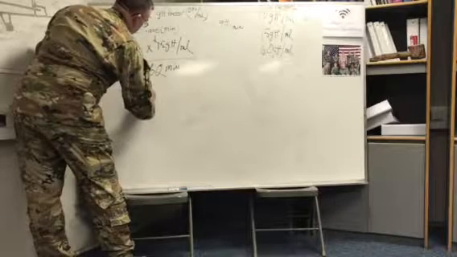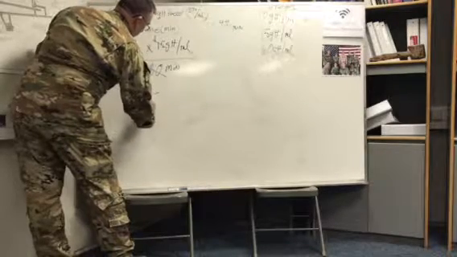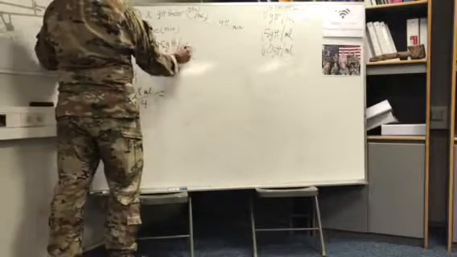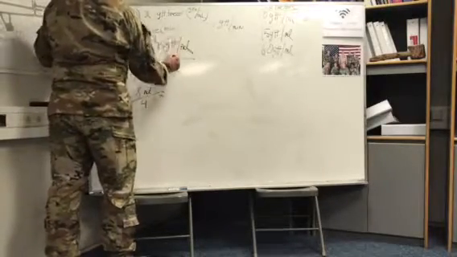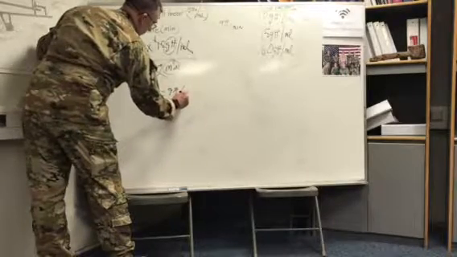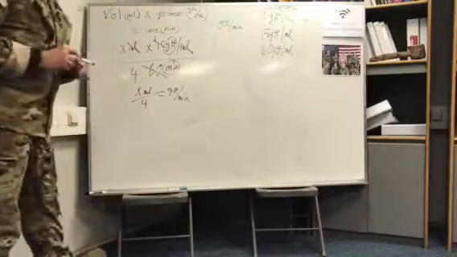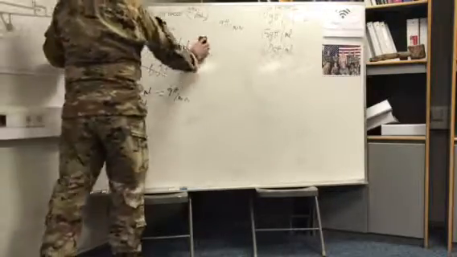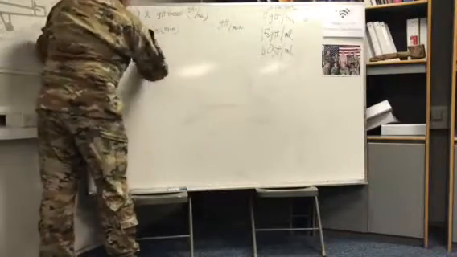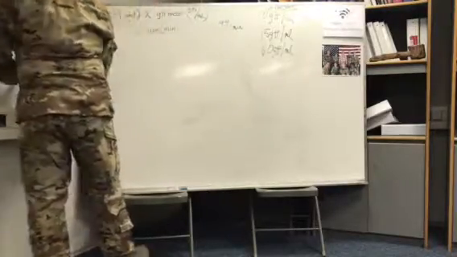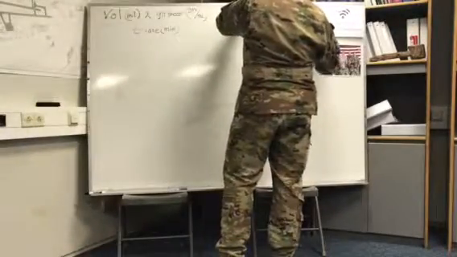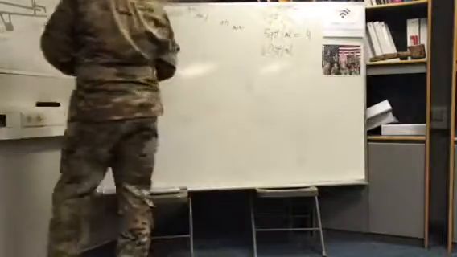Take my volume to be infused, divided by 4, make sure my units cancel out, milliliters, I'm left with drops per minute. Okay? So our 15 drop set, magic number is 4.